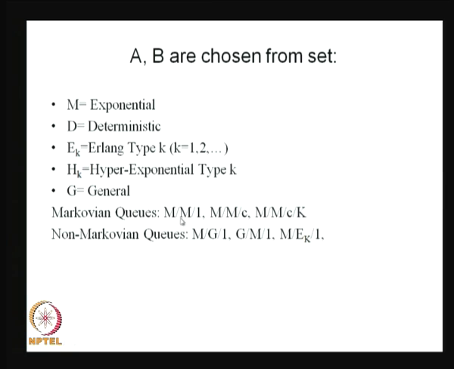So, in these examples the inter-arrival time and service time both are exponentially distributed, by default they are independent also, and the third letter denotes number of servers in the system. So, here only one server in the system. Here C means it can be greater than or equal to 1, that is multi-server system, and fourth letter K means the capacity of the system.